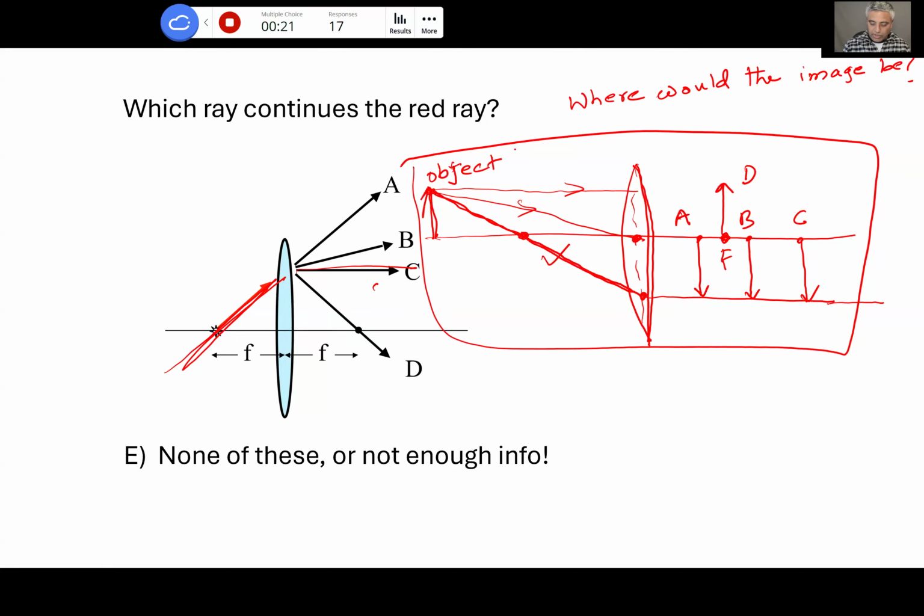So now I have drawn these 4 lines. Out of 4, which is the most close to where you would get the image?